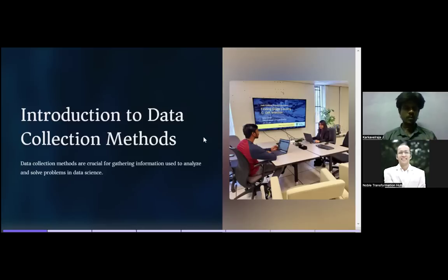Introduction to data collection methods. Data collection methods are crucial for gathering information used to analyze and solve problems in data science. Data should be very proper, very unique, and it should come from a very legitimate source. The source should be very believable.